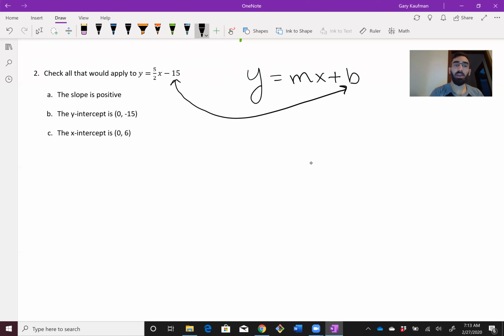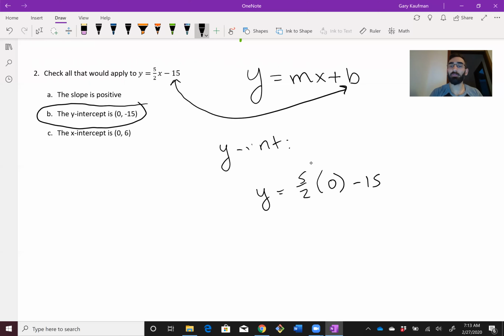So we could right away say, yes, the y-intercept is 0, -15. But we can also calculate the y-intercept. Plug 0 in for x. Y equals 5/2 times 0 minus 15. Y equals -15. We write it as an ordered pair.